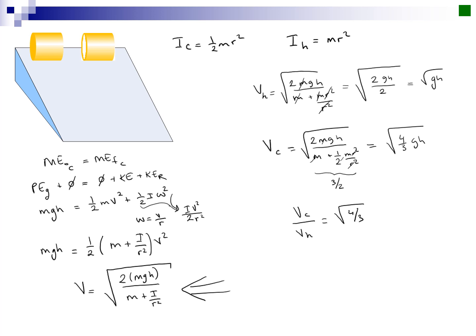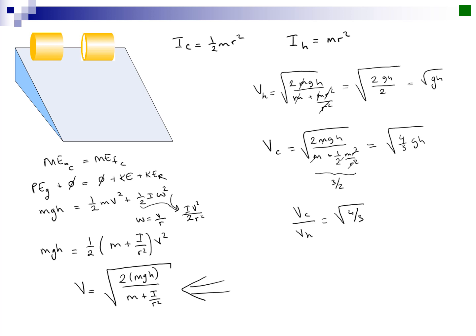All the masses cancel, the r's cancel, and I end up with 4/3 gh. This means the velocity of the cylinder to the hoop is equal to root 4/3, the cylinder being the faster one.